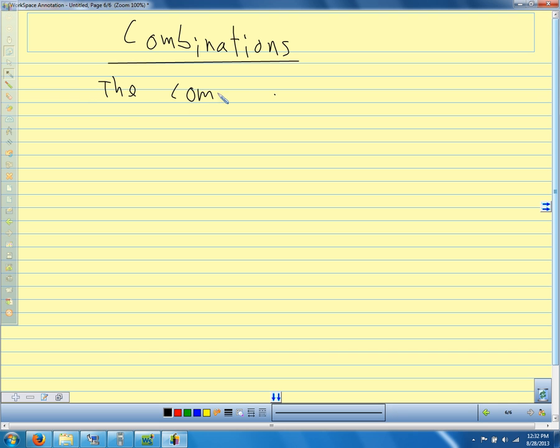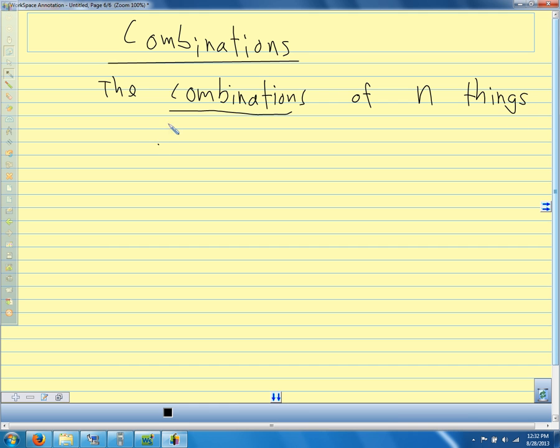The combinations of n things arranged R ways.